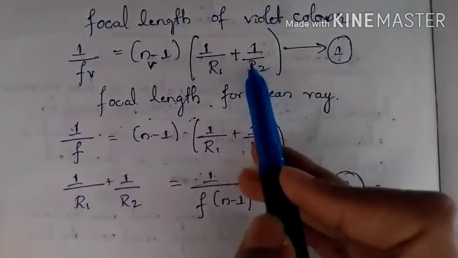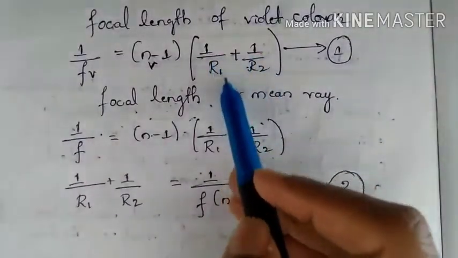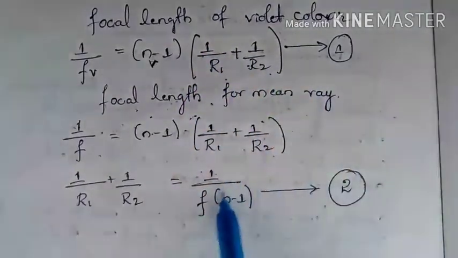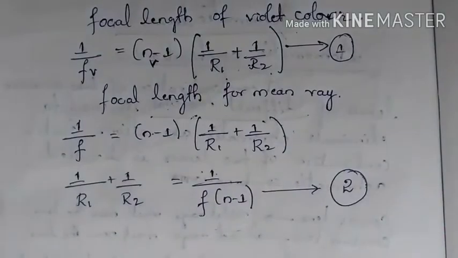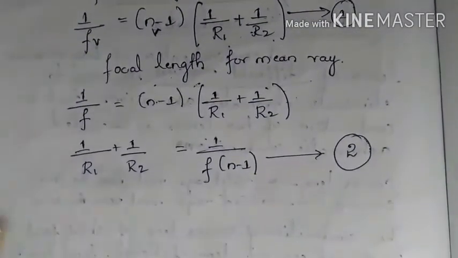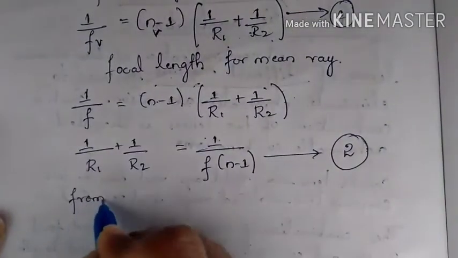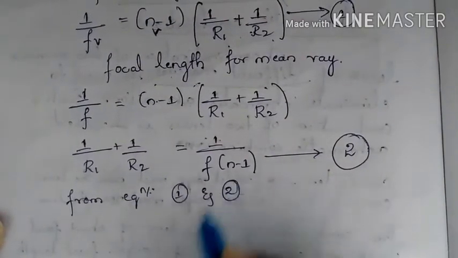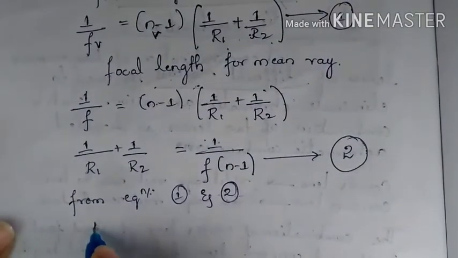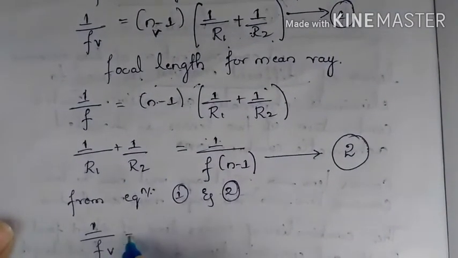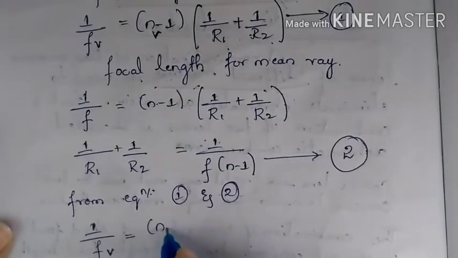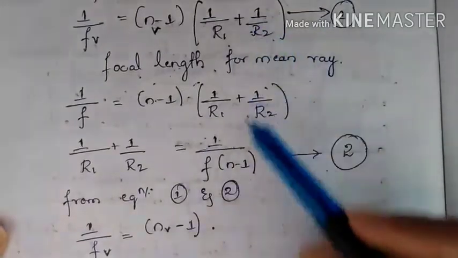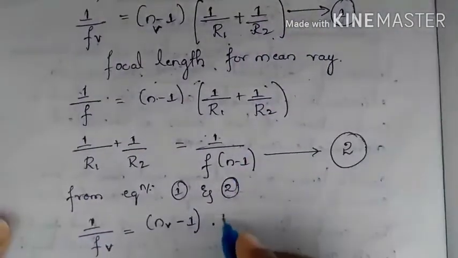So now if you see, equation 1 contains the 1 by r1 plus 1 by r2 term. So this term can be replaced with 1 by f (n minus 1). So from equation 1 and 2, we can write 1 by Fv is equal to (Nv minus 1) multiplied by 1 by f (n minus 1).